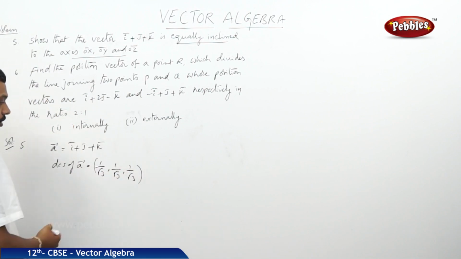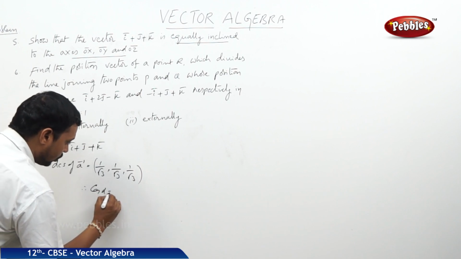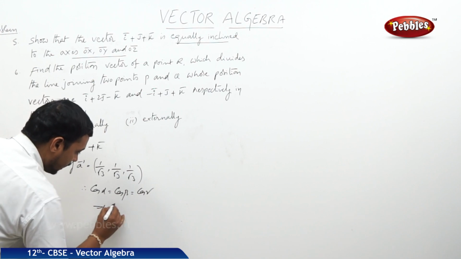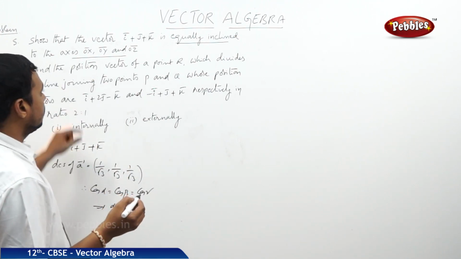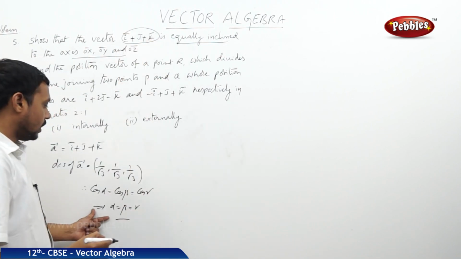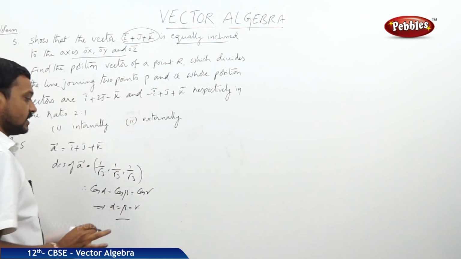See, 1 by root 3, 1 by root 3, all are equal. Therefore cos alpha is equal to cos beta is equal to cos gamma. That implies alpha is equal to beta is equal to gamma. Hence the given vector i plus j plus k is making equal angles, or equally inclined, to the coordinate axes x, y, z.